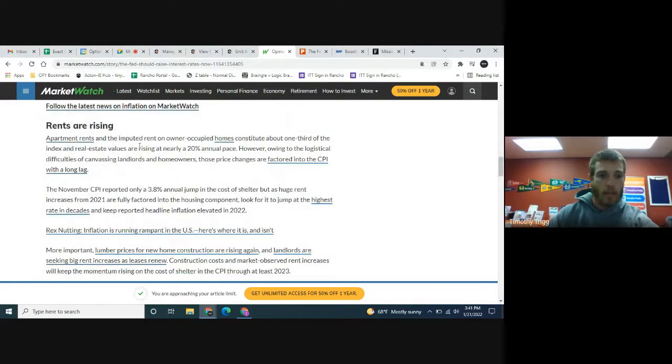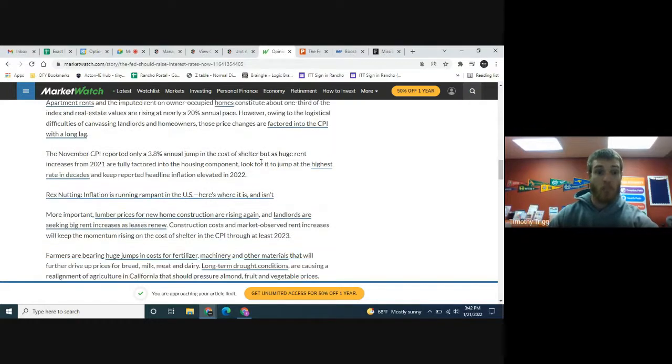It says apartment rates and the imputed rent on owner-occupied homes constitute about 1/3 of the index, and real estate values are rising at nearly 20% annual pace. Okay, so yes, we really do not want to see real estate going up that fast because then it might price people out of the market, people that want to buy a home.